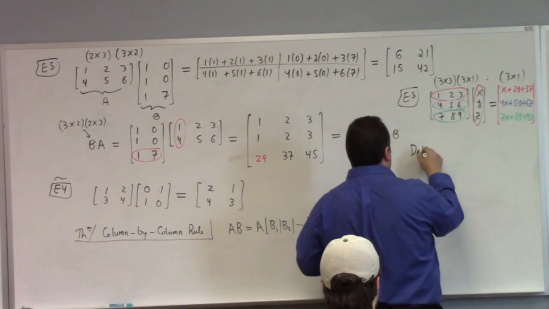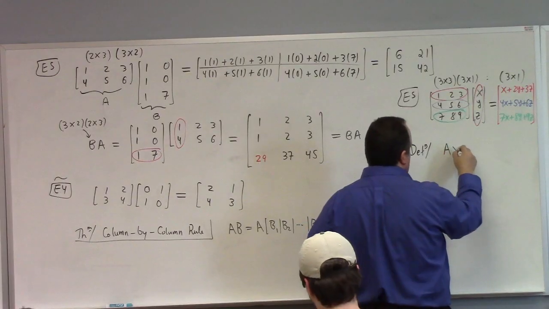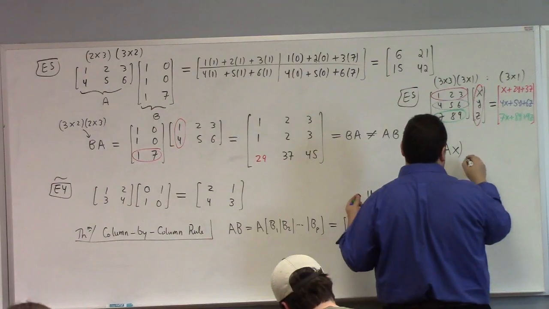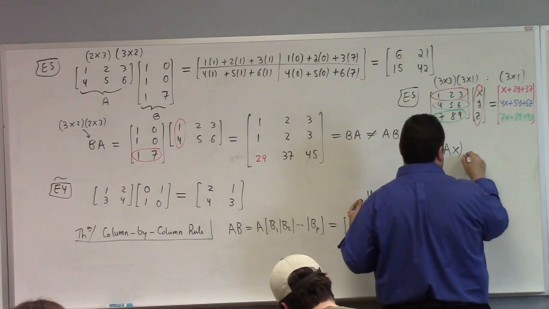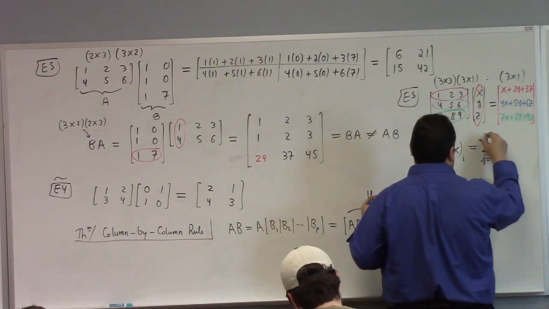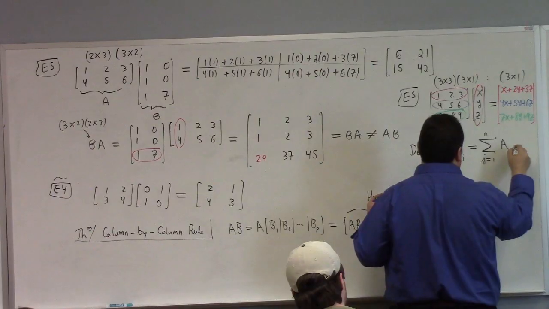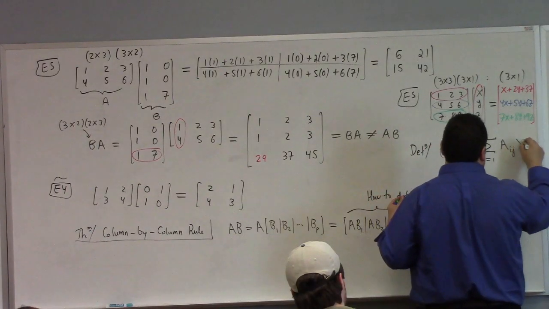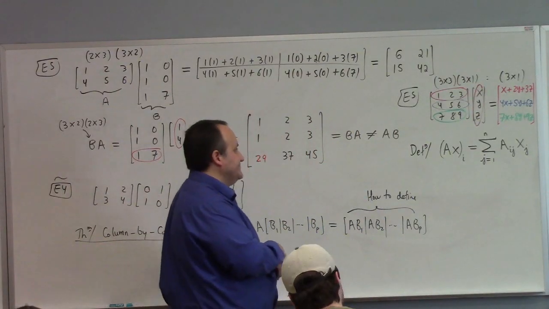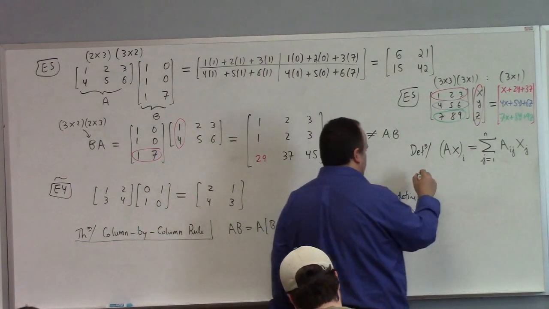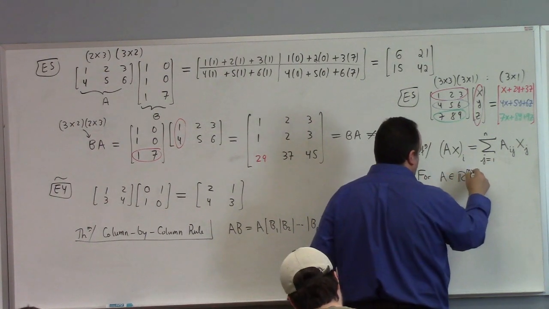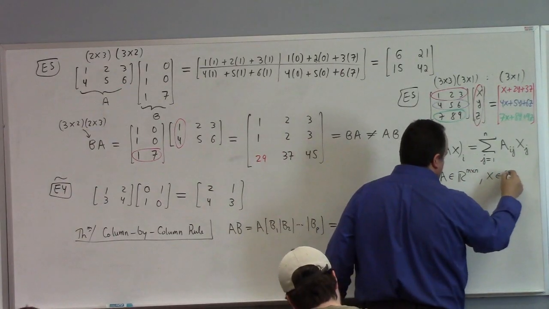Here's how that goes. Ax, I guess I want the ith component of it, should be equal to the sum, j equals 1 to n, of a_ij x_j, I believe. So here, for A an element of R^(m by n), and x an element of R^n.